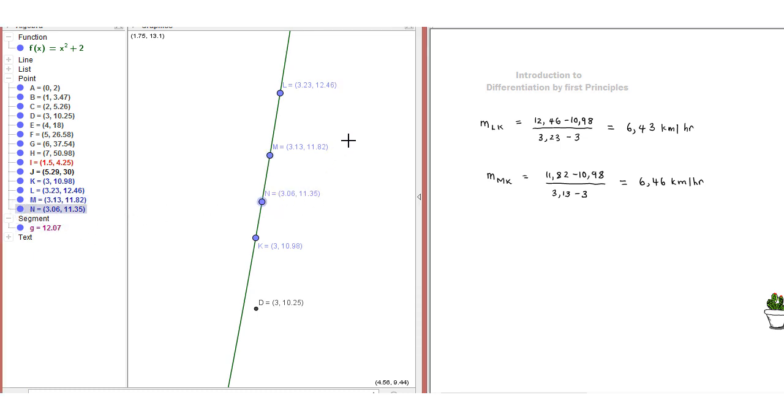But then we choose a point even closer than that. So now we have the gradient of NK, so 11.35 minus 10.98 divided by 3.06 minus 3.